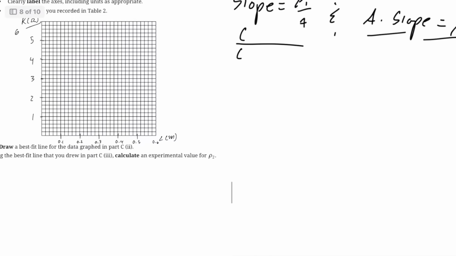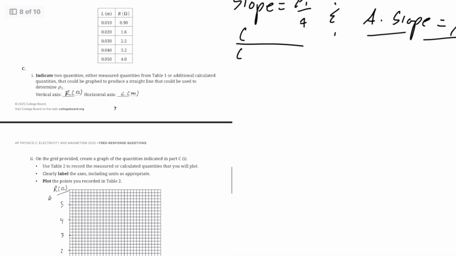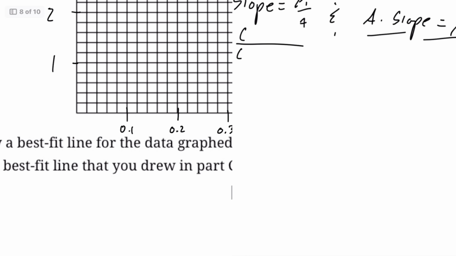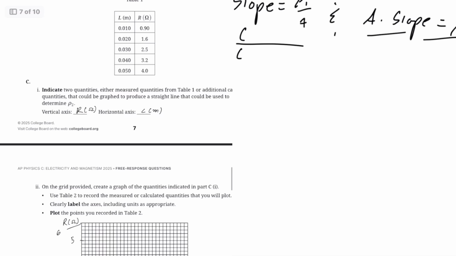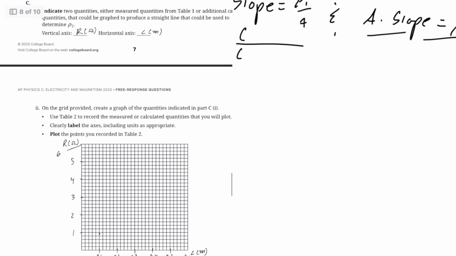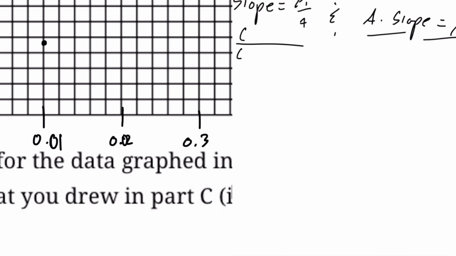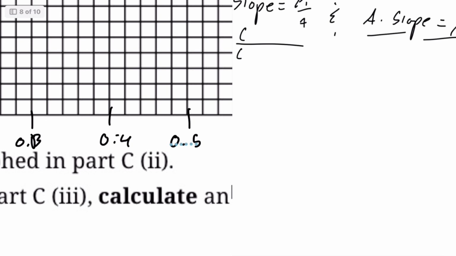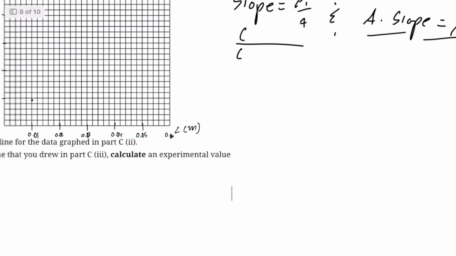Great. Now we're going to look at our values, and we're going to think, well, what are our values? So we have 0.1 corresponds to 0.9, so that's like there. Oh, oops, I didn't do it right. It's 0.01, 0.02, 0.03. Make sure you don't make that mistake. That is a horrible mistake that might actually cost you a couple points.